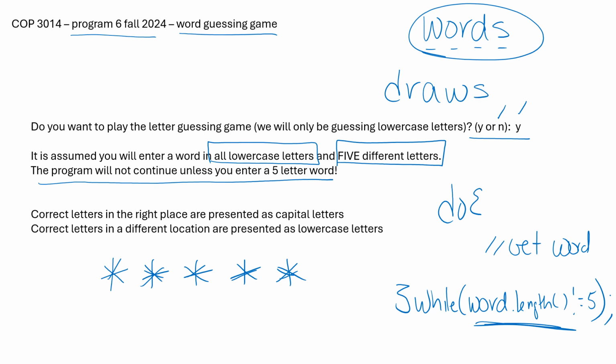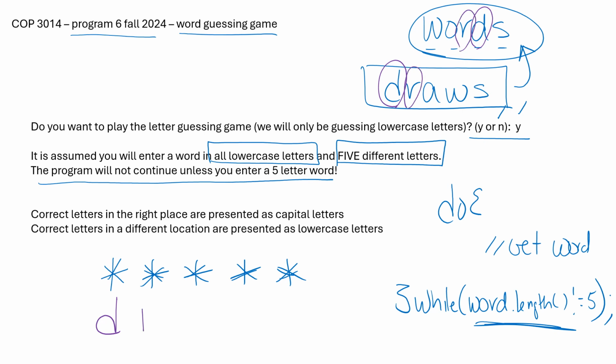All right, so if they were to enter the word draws and the word is words, well, you can see here when you look at this, there's a D, but it's in the wrong place. But there is a D in the word, so this will become a lowercase d to indicate that yes, there is a D in the word, but it is in the wrong place. This R also is in the word and in the wrong place, so that will be also lowercase to indicate it's in the word and in the wrong place.